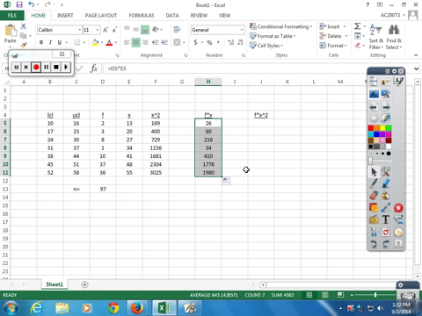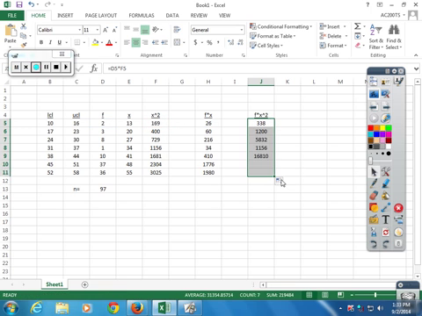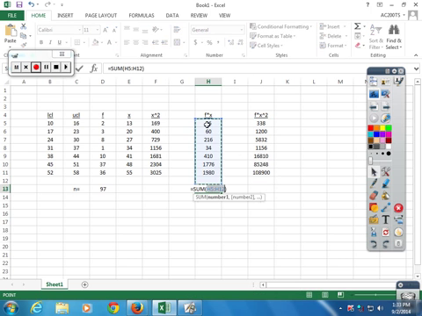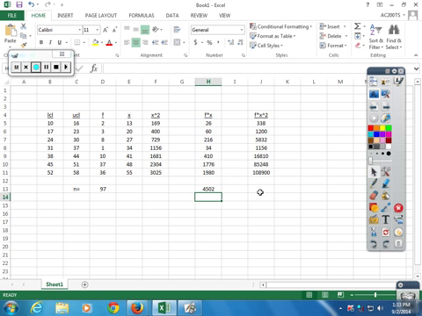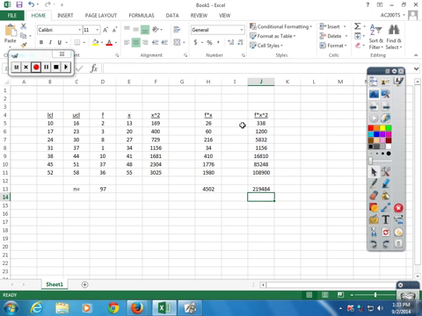And there's those numbers, and equals F times X squared, and copy those numbers down, and we need a summation here and a summation here. Now you have everything you need to find the mean and standard deviation.